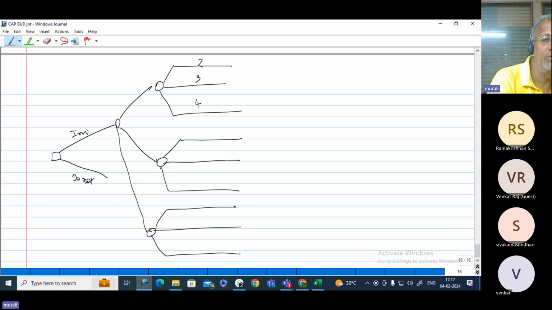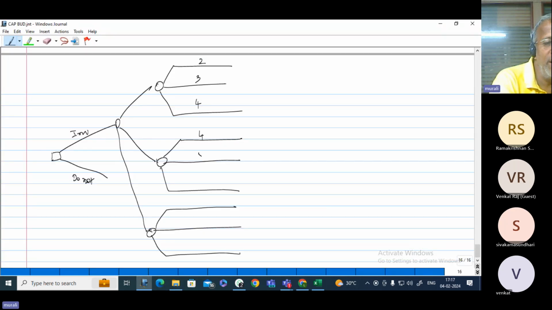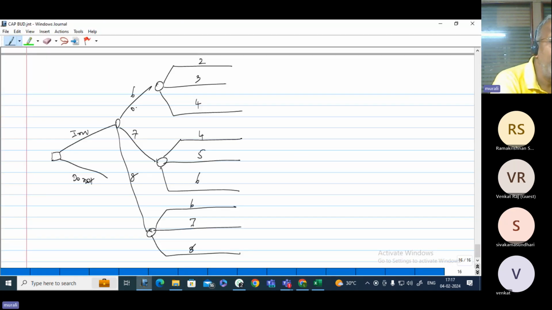Here it is 2, 3, 4; 4, 5, 6; 6, 7, 8, in thousands. With probabilities 0.3, 0.4, 0.3.